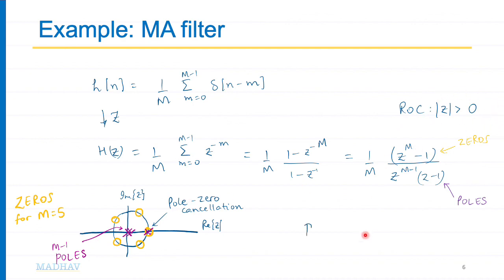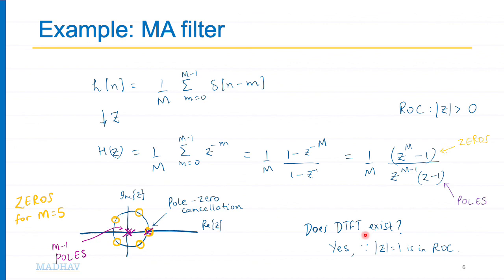Now does H(e to the power j omega), the DTFT, exist for this moving average filter? Does my DTFT exist? The answer is yes, because the circle mod of z equal to 1 lies inside the ROC.